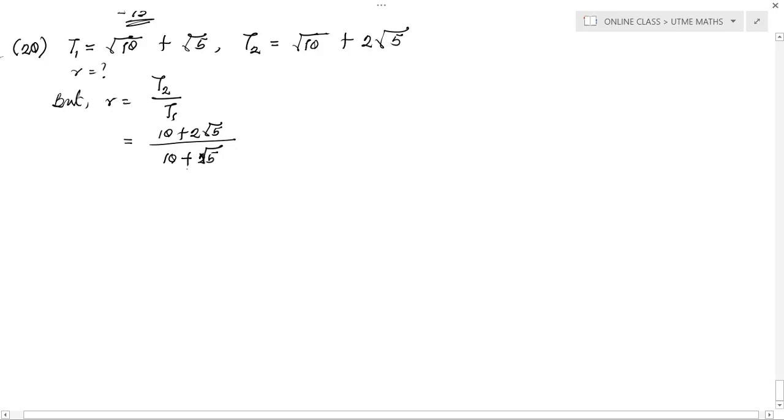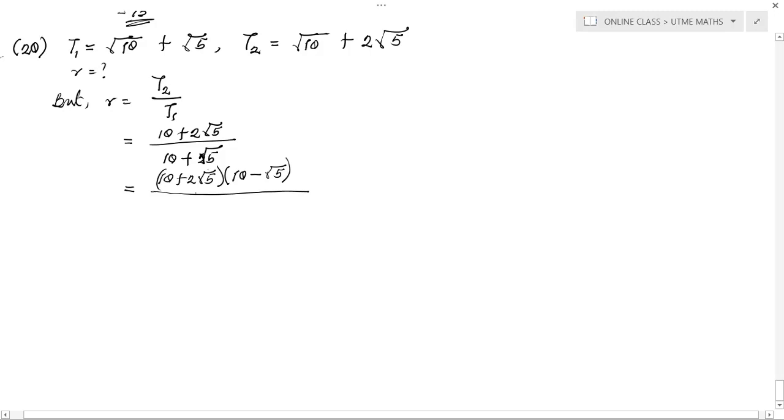Because this is in surd form, we have to rationalize. That is, you rewrite the upper part and you multiply it by the conjugate of the lower part, which means that you rewrite the lower part, but you change the sign between them to the other sign. If it is plus, it goes to minus; if it is minus, to plus.